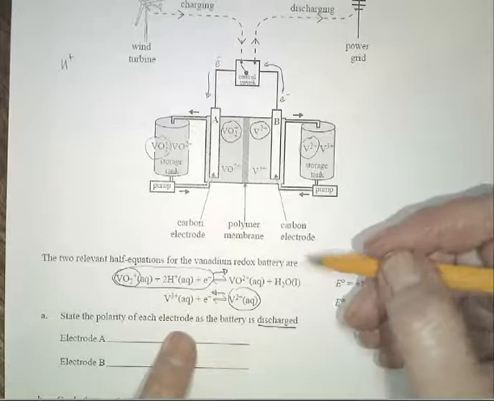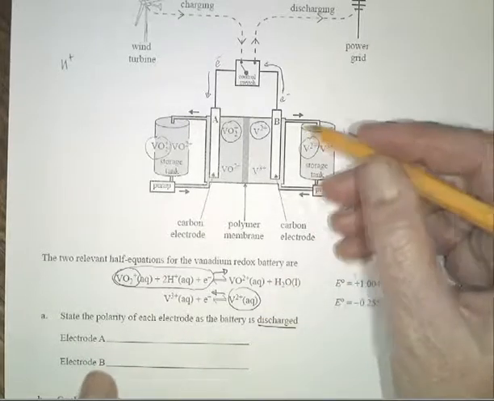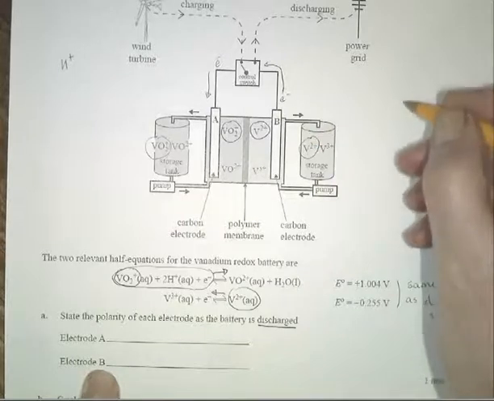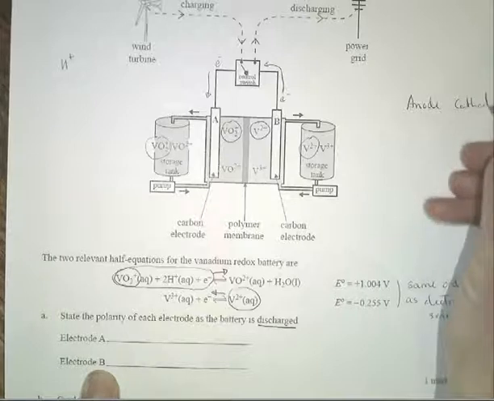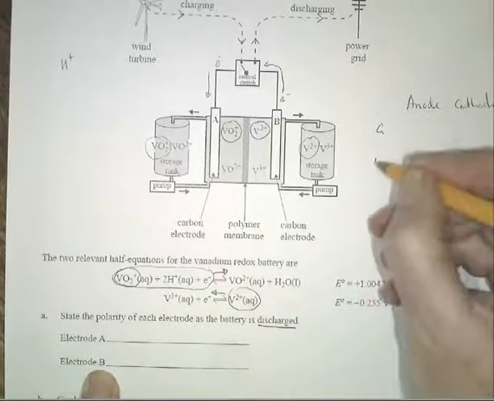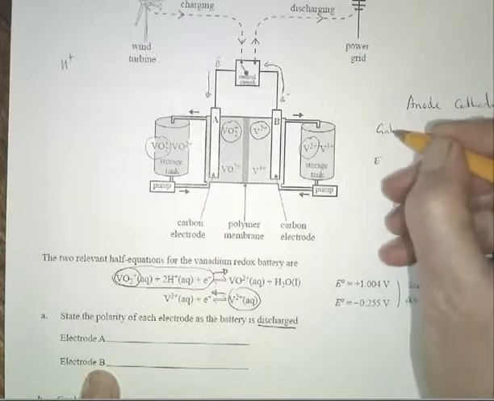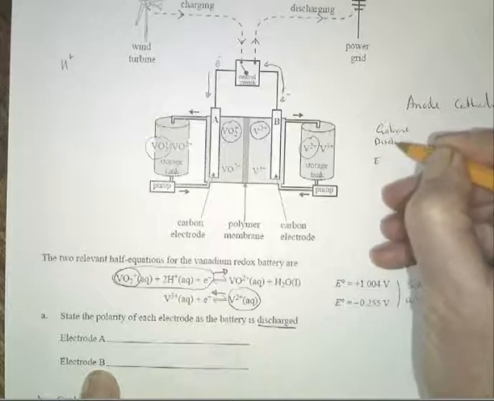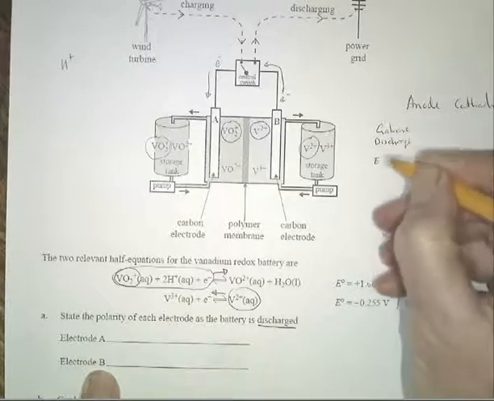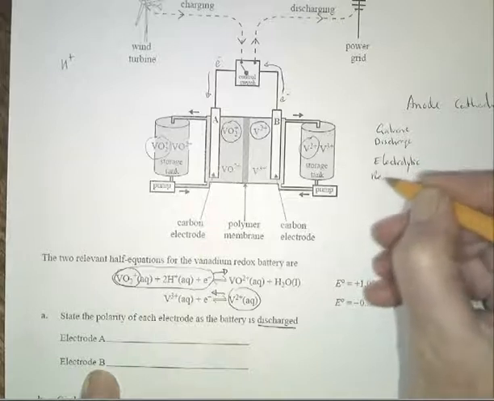State the polarity of each electrode as it's being discharged. Electrode B is where they're coming from. Remember to set up your little anode, cathode, galvanic, electrolytic, recharge. So galvanic is spontaneous, it's discharge, and electrolytic is when it's being recharged.